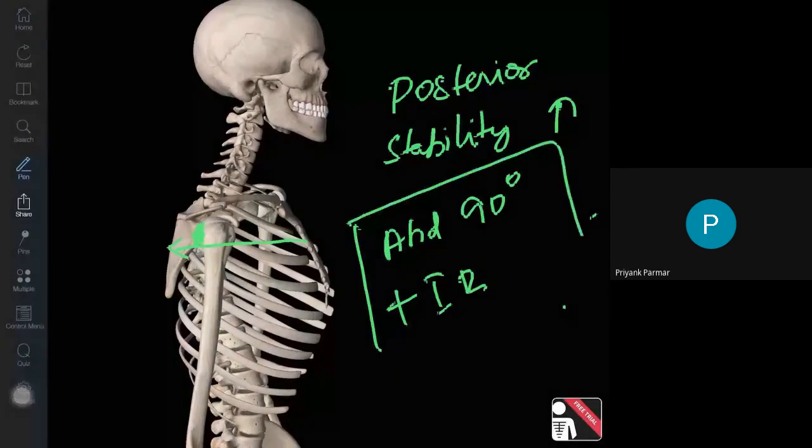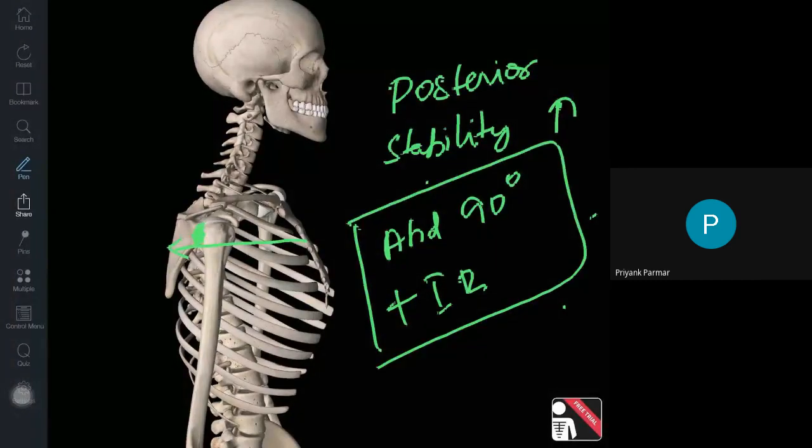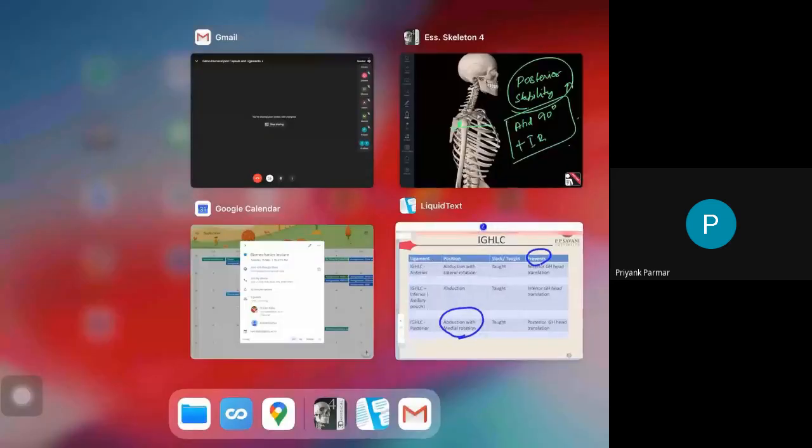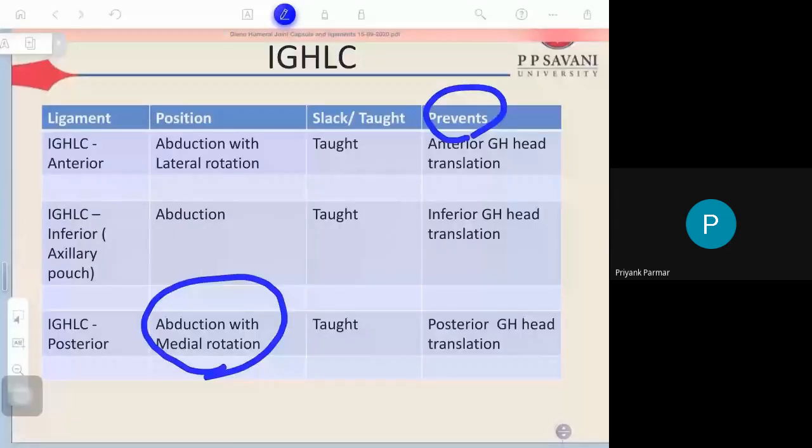That is what I had explained here. Abduction with medial rotation, the posterior ligament will become taut and posterior glenohumeral head translation is prevented. That means stability is increased in the posterior direction.